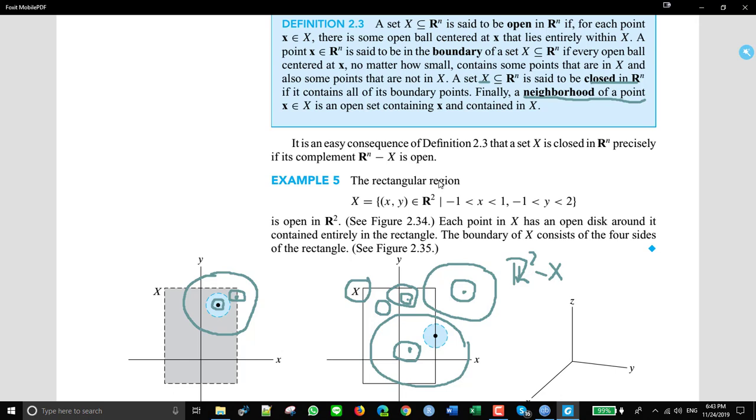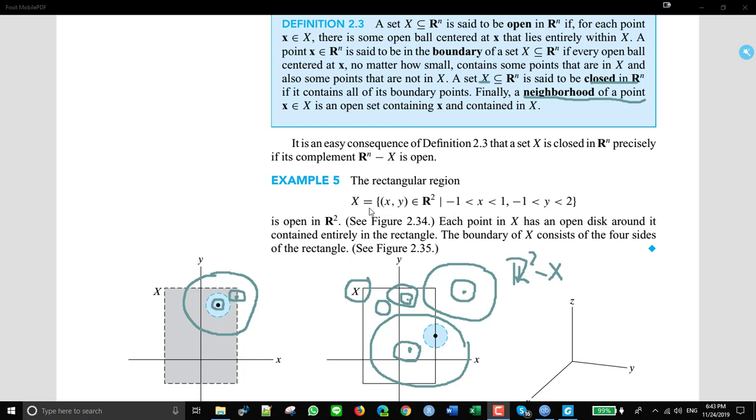So you can think about that, you can check it. Therefore, if we take out X from Rn, where X lives, and the result is open, then X is closed.